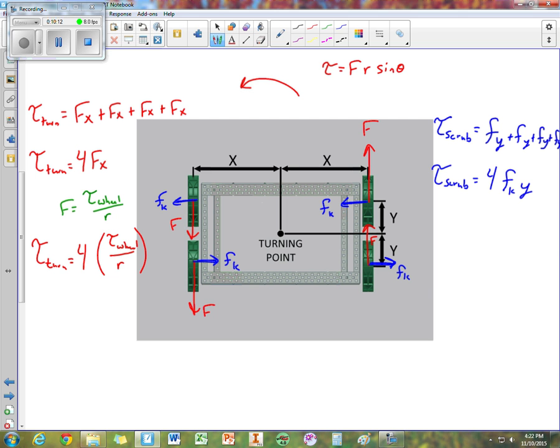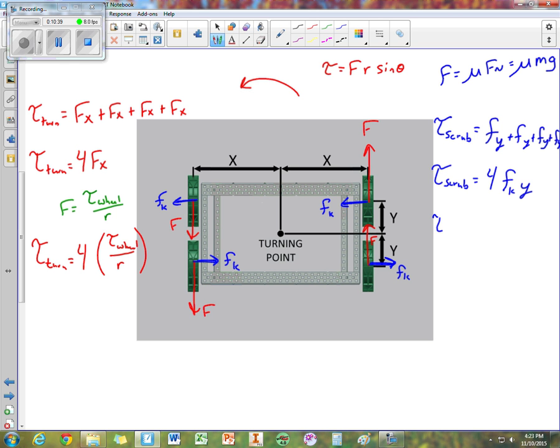And now this distance x, that distance y, that's all based off of the geometry of your own robot. So you can actually measure that and calculate this. Now, friction is the coefficient times the normal force. And the normal force is going to be the same as how much the robot weighs, since we're dealing with a flat surface. So this friction is going to be coefficient times m times g.